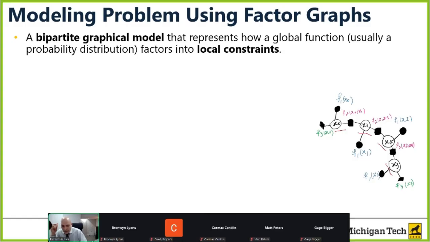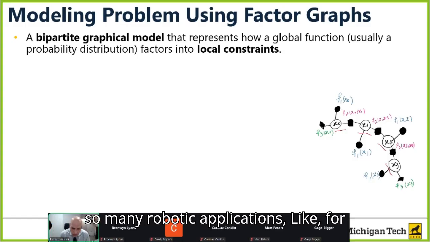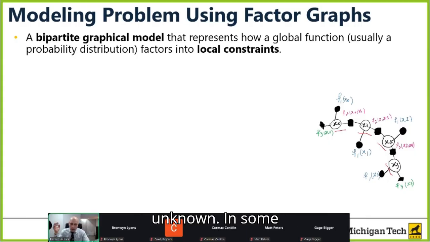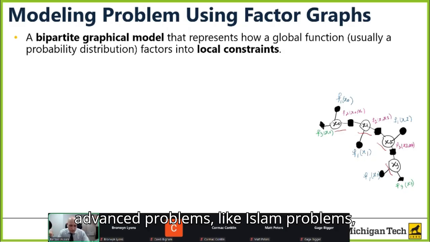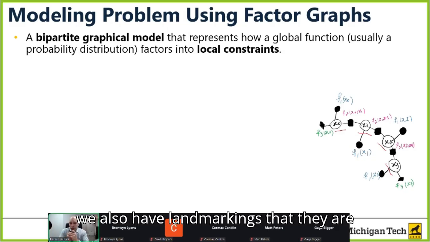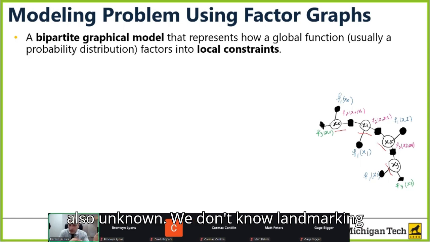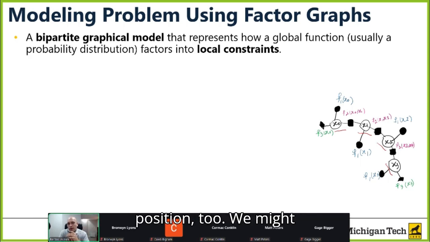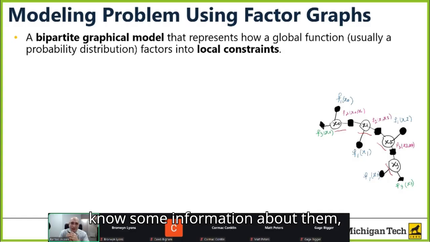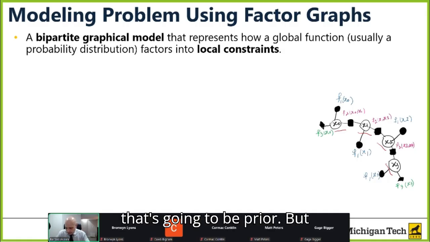In many robotic applications, for example, the trajectory of the robot is unknown. In some advanced problems like SLAM, we also have landmarks that are unknown too. We don't know the landmark positions. We might know some information about them, for example their shape. That's going to be a prior.